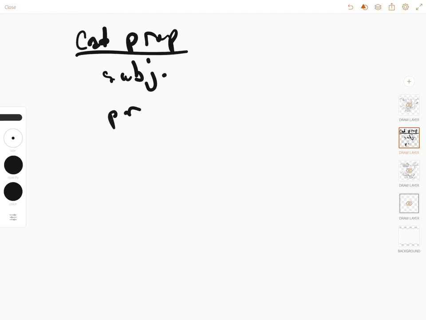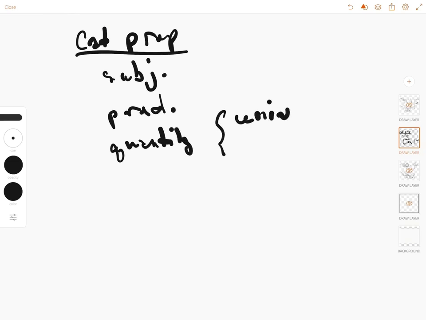We have a predicate term. The predicate term is the claim that's being made about the subject. We have quantity. And remember, quantity comes in two kinds. That's either going to be universal, if we mean every member of a set, or particular, if we mean only some. And then we also have the quality.